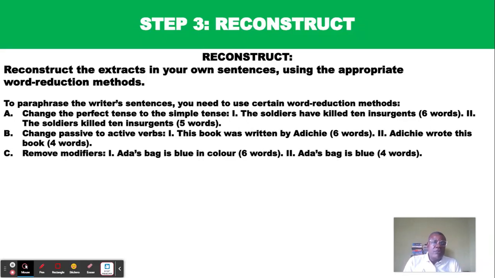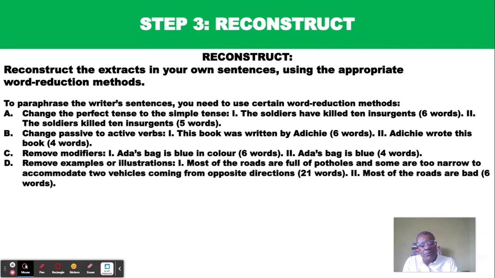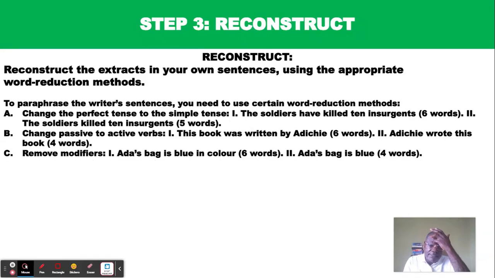Then another word reduction method is to remove modifiers. A modifier is a word such as an adjective or an adverb or any other type of word that describes another word. For example, Ada's bag is blue in color.